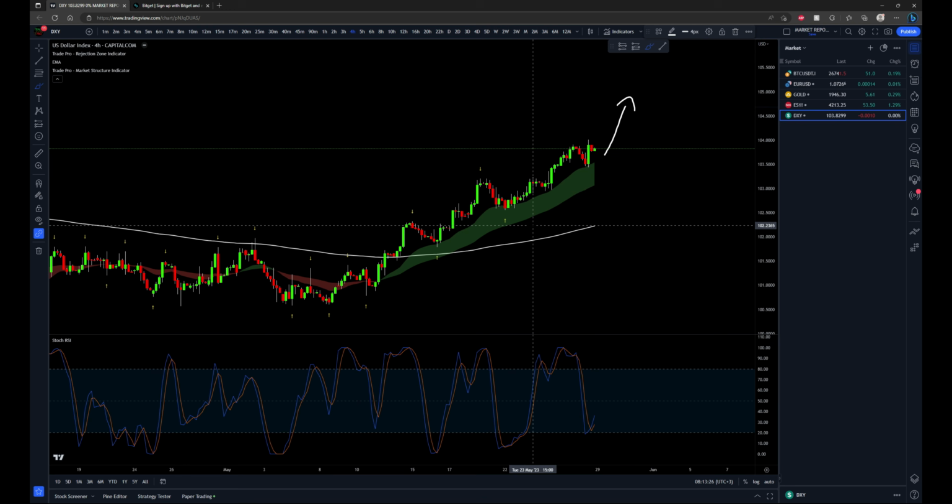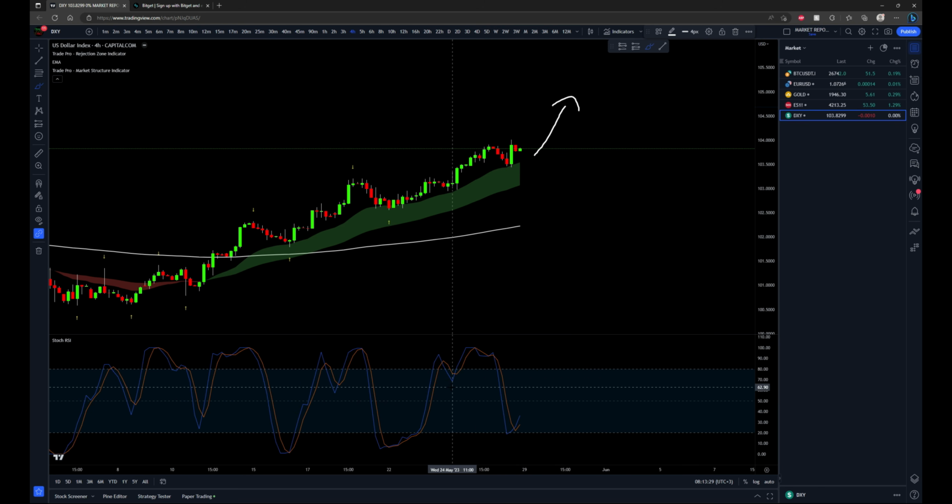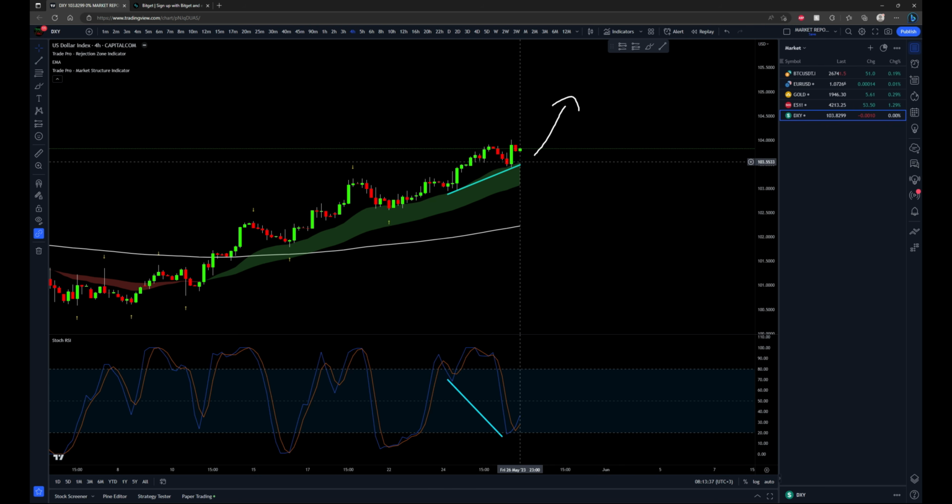Okay. And we do have this pulling back with hidden bullish divergence. So the idea would be looking for a higher low compared to here with this hidden bullish divergence playing out to the upside.